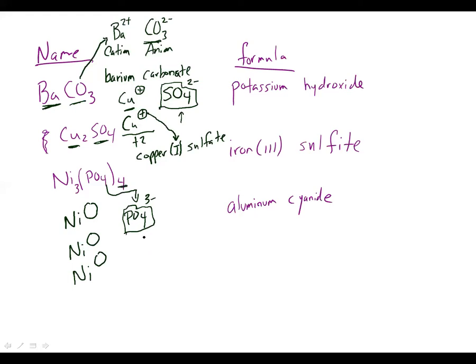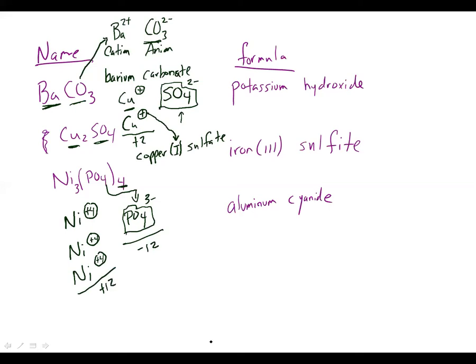So I won't write them all, but 4 times -3 gives us an overall -12 charge, which means each of these nickels, in order to balance it out, would need to be +4. Right? And that would be 4, 8, and 12 positives in terms of the charge.